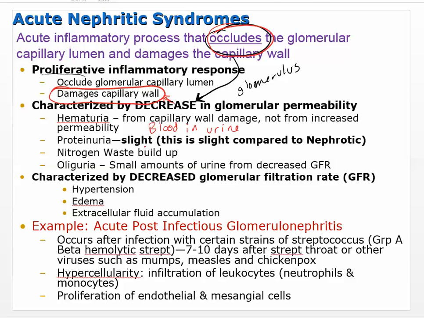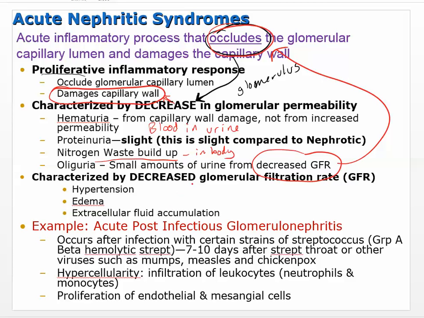So you're going to see a slight protein in the urine. You're going to have nitrogen waste build up in the body, which is not good. It's waste, and your body needs to get rid of that. Oliguria means a small amount of urine. That's because you have a decreased GFR, again because you have occlusion.